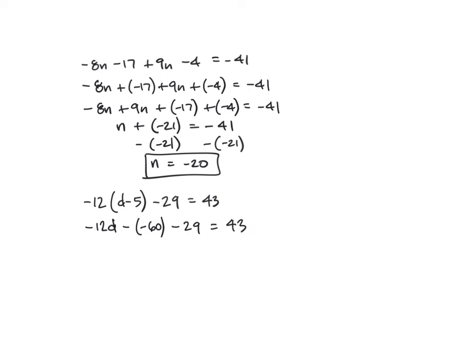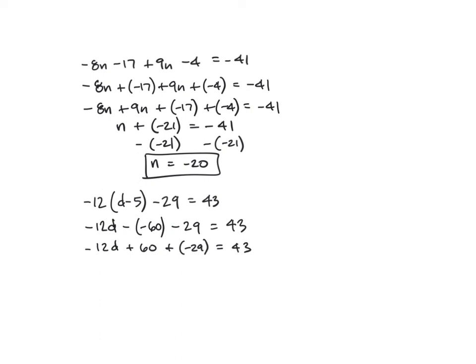I can rewrite this as, if I add the opposite, I change this to addition, I change this to its opposite, so that'd be plus positive 60. So we'll get negative 12d plus 60, and then I'm going to write the plus negative 29 there, equals 43. All I did was add the opposite, so change it to an addition problem.